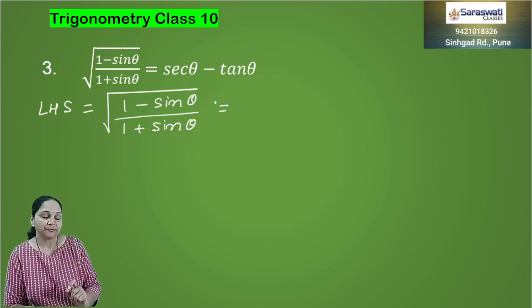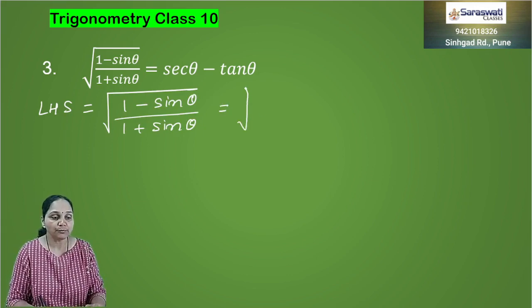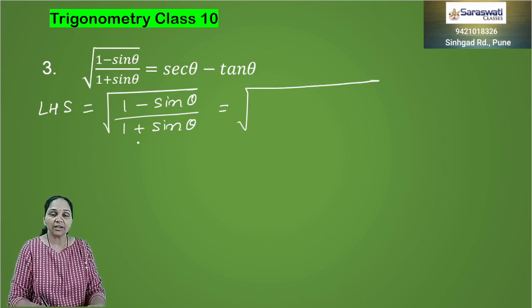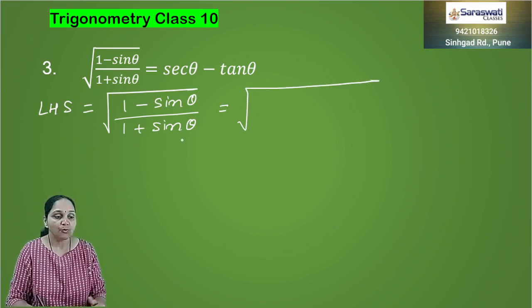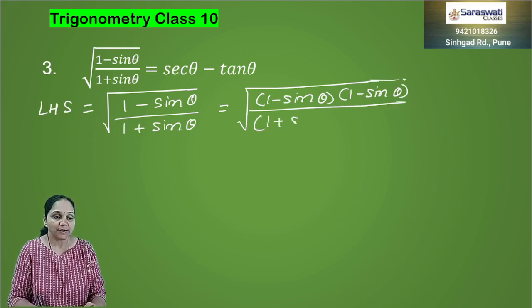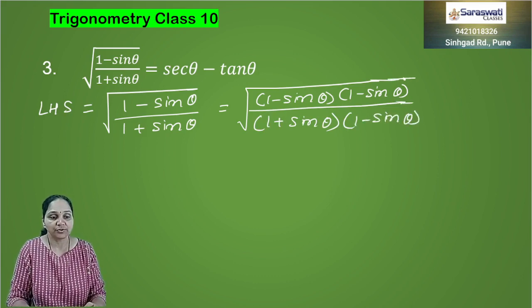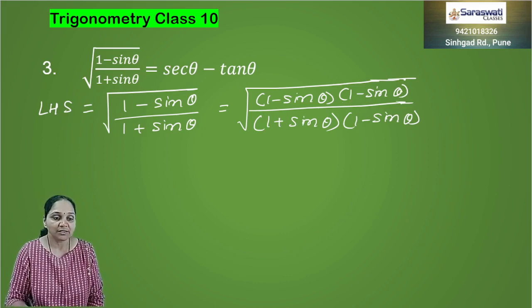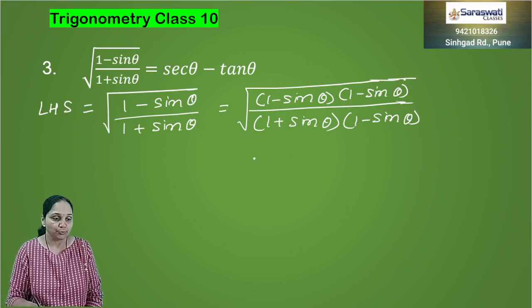Now here we are going to multiply numerator and denominator by 1 minus sin theta: 1 minus sin theta into 1 minus sin theta, upon 1 plus sin theta into 1 minus sin theta. Like a conjugate, multiplying both numerator and denominator by 1 minus sin theta.